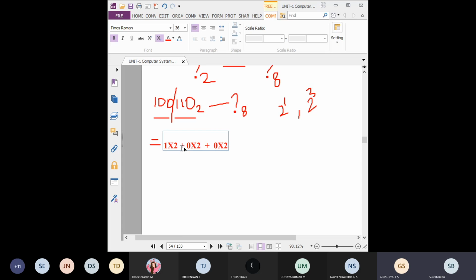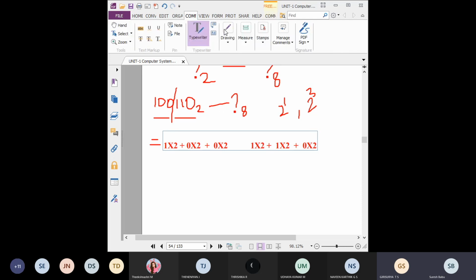Then the next 3 digits we have to give separately, so you give some space. So again 1 multiply with 2, plus 1 multiply with 2, plus 0 multiply with 2. Students, understood this step? Yes, sir. The same step, but we are giving some space, 3 numbers.